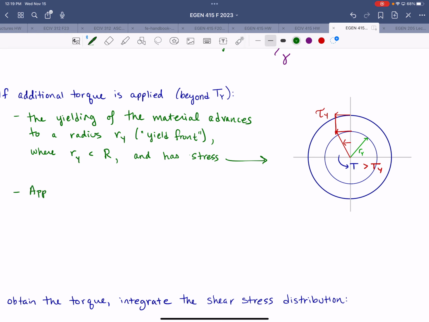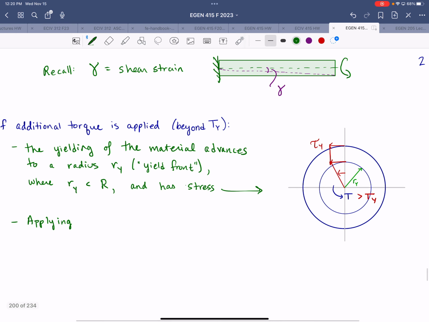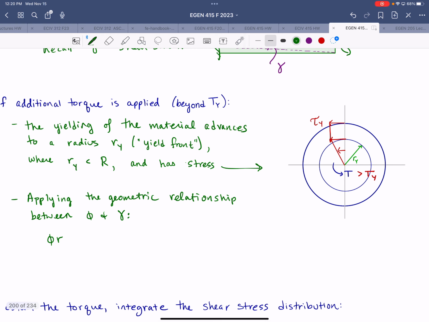And this torque is greater than the yield torque. So if we apply the geometric relationship between the total angle of twist phi and the shear strain gamma, that's why I drew the sketch for gamma up above, we have phi times variable radius r is equal to gamma times the length.